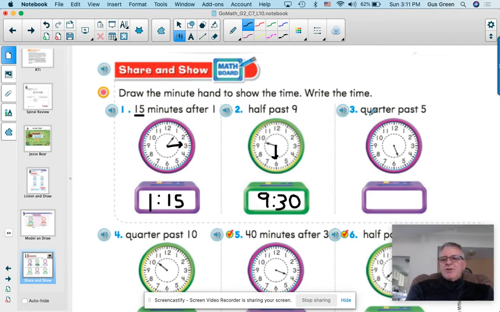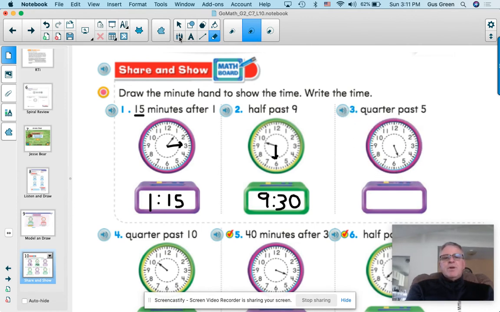And then sometimes they'll use this idea of quarter. Okay, so this is kind of the third one, a quarter past 5. If you took this clock and divided it into 4 sections or quarters, you'd have 1, 2, 3, 4, and each of these would be 5, 10, 15 minutes. So this is another time when people say the time that's a little bit different than how we write it.